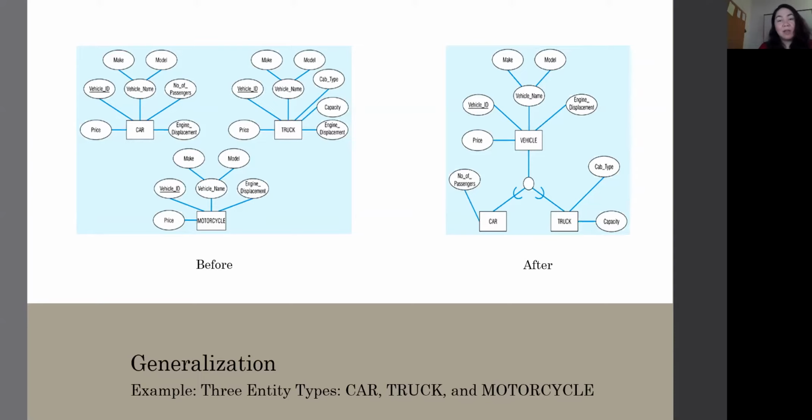Because motorcycle doesn't, it's actually included in vehicle itself. So if you see the data for a vehicle that does not have a number of passengers, a cab type, or capacity, that means it has to be a motorcycle. So simple as that. Motorcycle is completely encapsulated in vehicle.